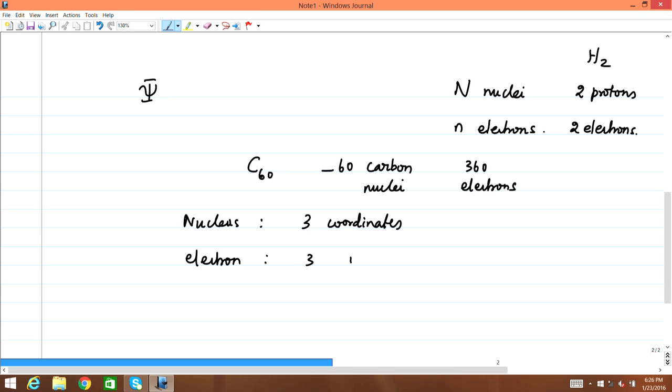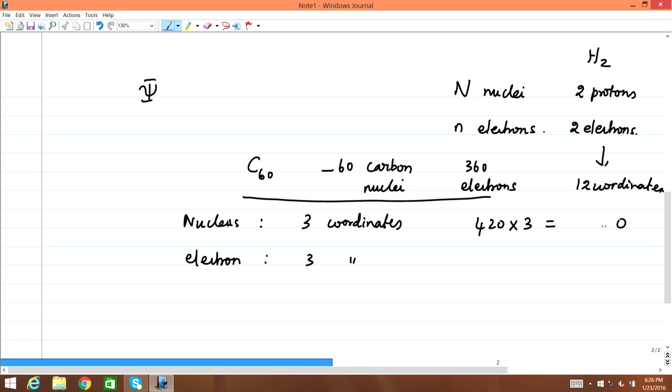Therefore, in the case of the hydrogen molecule, you are looking at 12 coordinates, and in the case of carbon 60, you are looking at 420 times 3, 1260 coordinates.